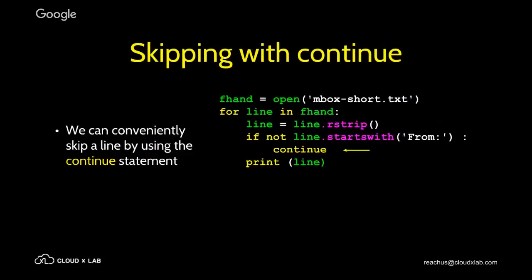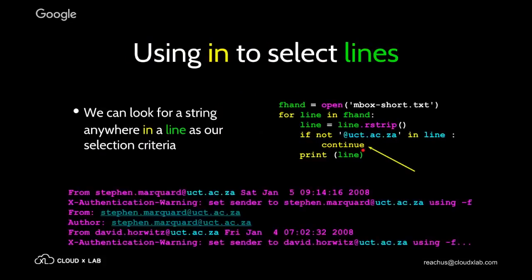If you want to skip only those lines which start with from, you can use continue, so that print never reaches if the line starts with from.